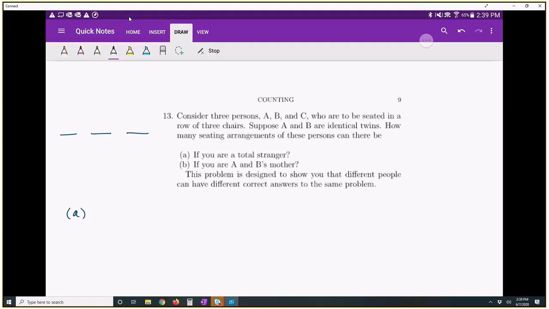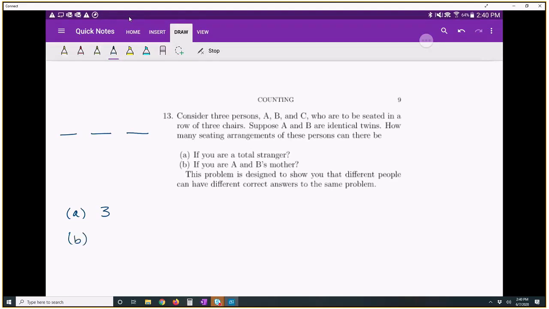If we're a total stranger and we can't tell the twins apart, then the question is really just a matter of which chair you, the stranger, are sitting in. So you could be sitting in this chair and the twins are here, or you could be sitting in the middle chair, one twin on either side, or you could be sitting in the third chair. And you can't tell the difference between these other two people, so it's really just these three possibilities.